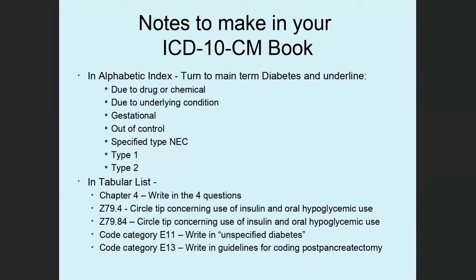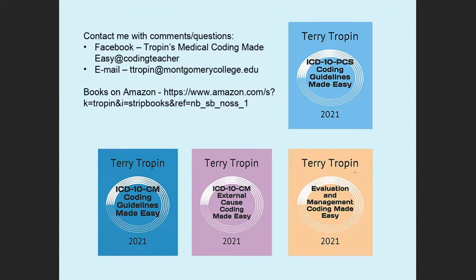Circle those 2 tips, and that will help you remember. Also, at the beginning of code category E11, write in unspecified diabetes, because remember, this is the default code for unspecified. In code category E13, write in the guidelines or abbreviation of the guidelines or the page number where the guidelines are for coding post-pancreatectomy. If you write those in your book, it'll make a big difference.